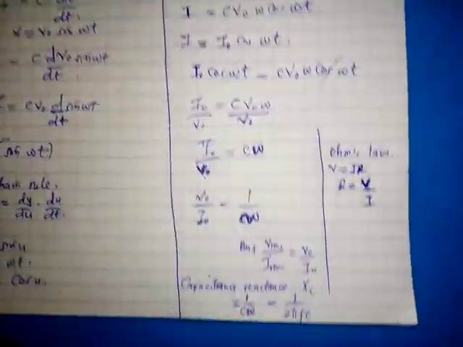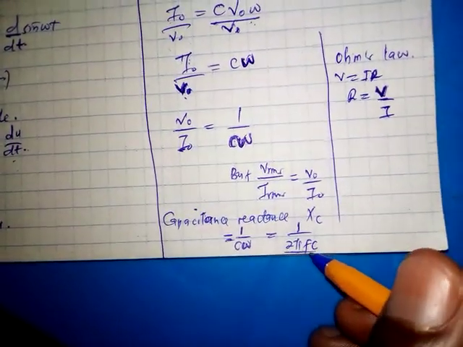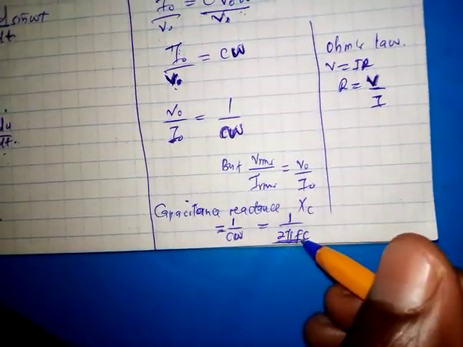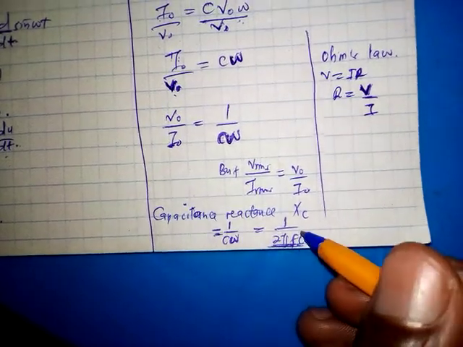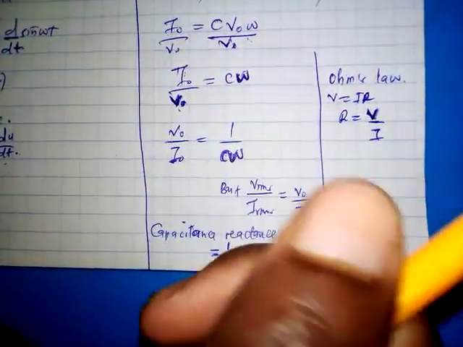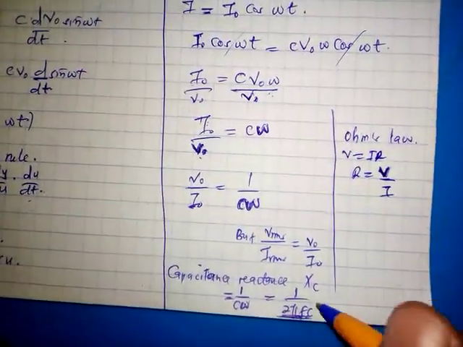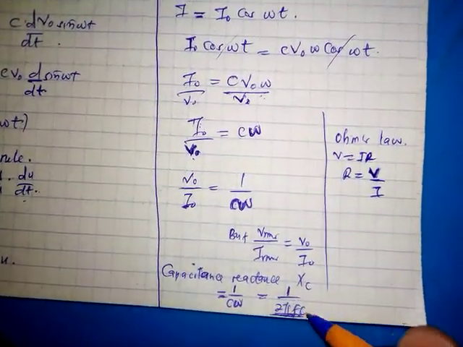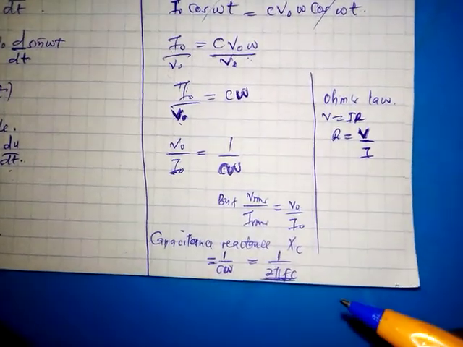So up to this point we have derived the capacitive reactance as 1 over 2 pi f C.